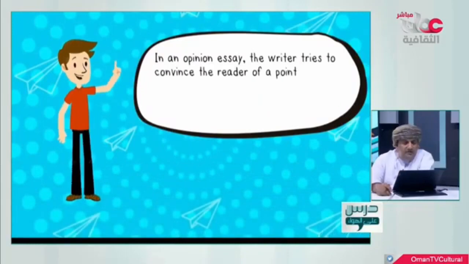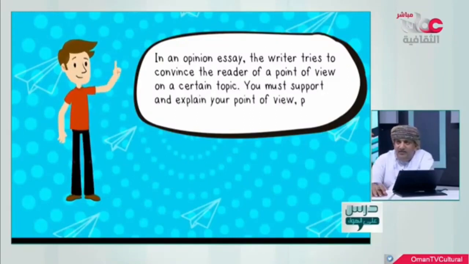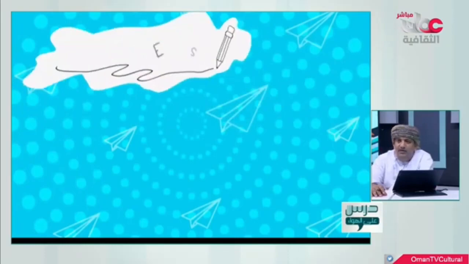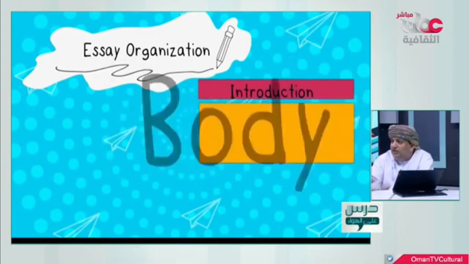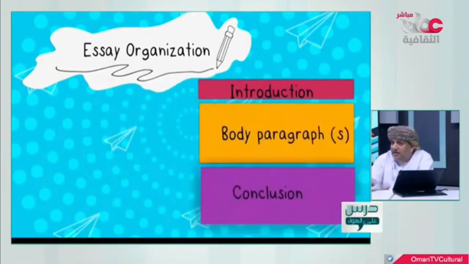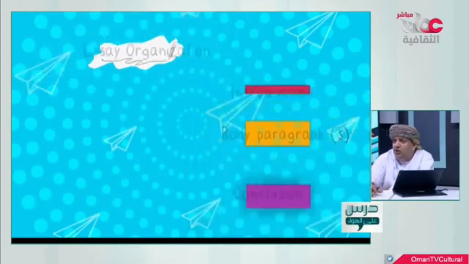In this opinion essay, the writer tries to convince the reader of a point of view. Then we have learned how to organize our work: introduction, main body paragraphs, and conclusion.